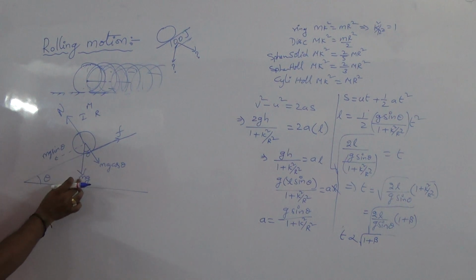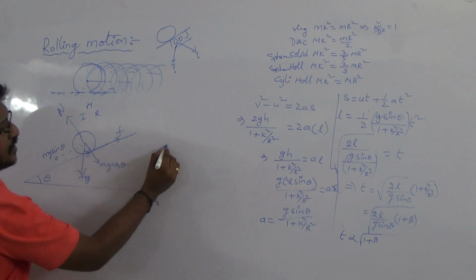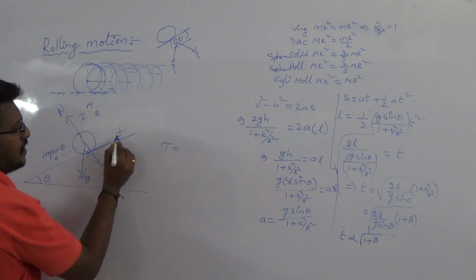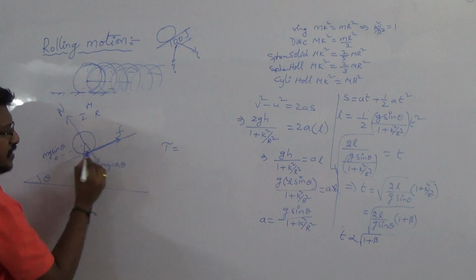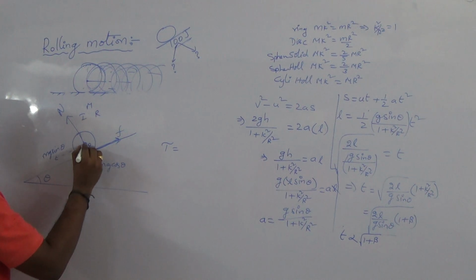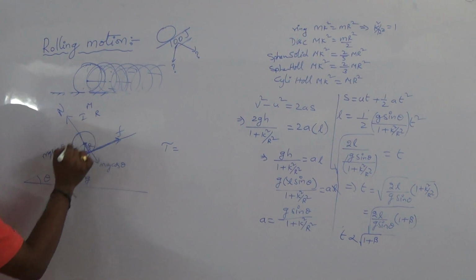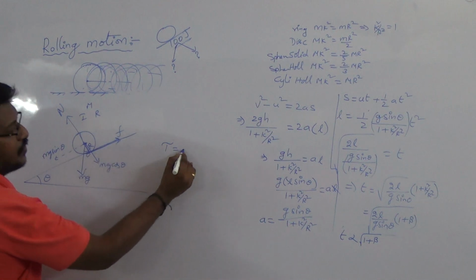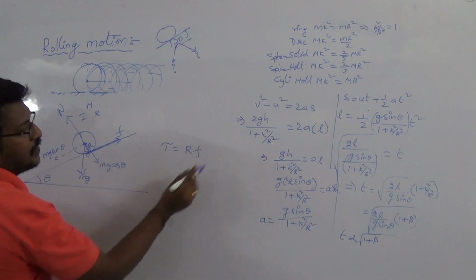Due to this, a torque is developed with the help of the friction force. The torque tau equals the friction force acting at a distance R from the center, so tau equals R into F.